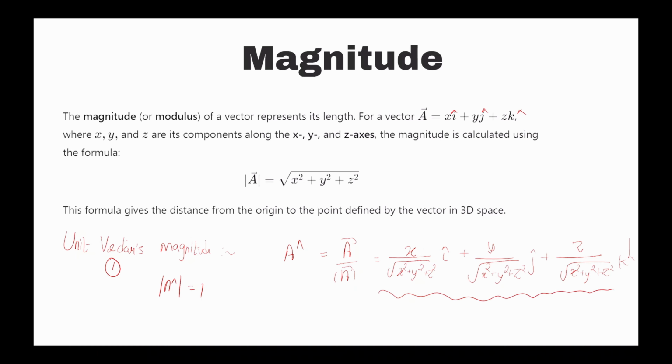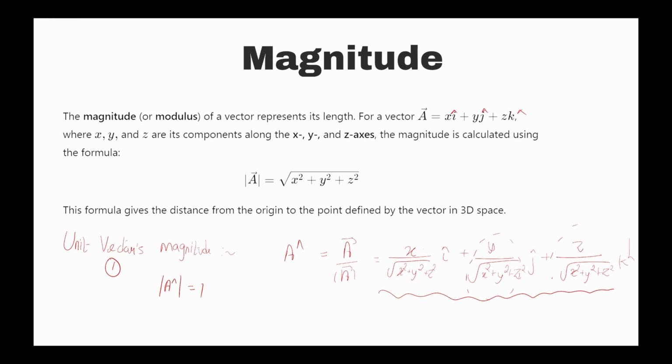I'm going to put the entire thing under root, and I would do x upon root under x square plus y square plus z square whole squared, plus I would have y upon the same, this term whole squared, plus I would have this term whole squared. So this would basically become x square plus y square plus z square in the numerator, and in the denominator also I would have the same thing. And once cancelled out, I would simply get 1.